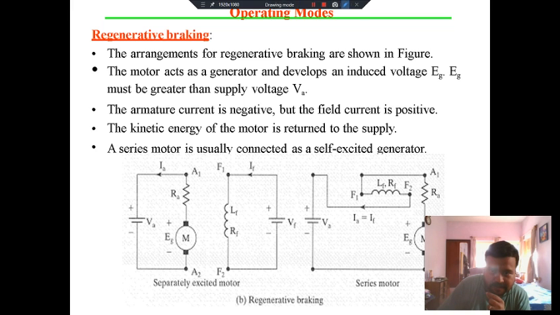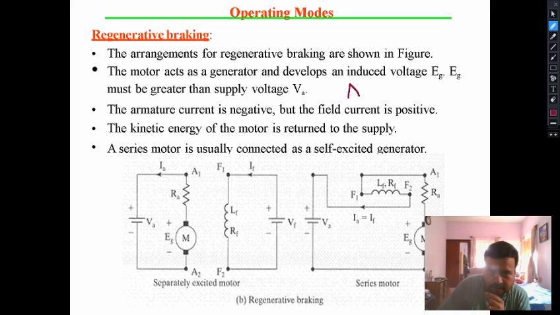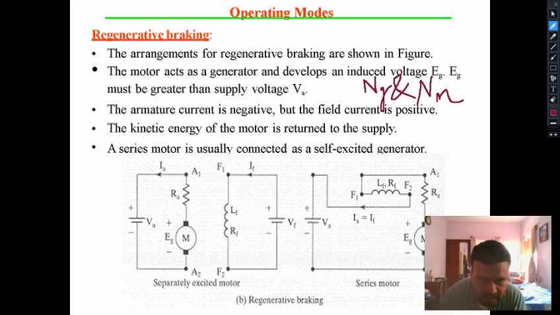As you can see, if we compare the two speeds, I would rename them as NG and NM, that is the generating speed and the motoring speed.